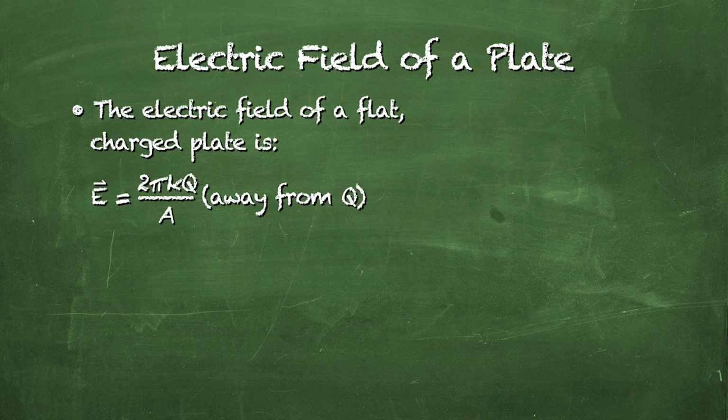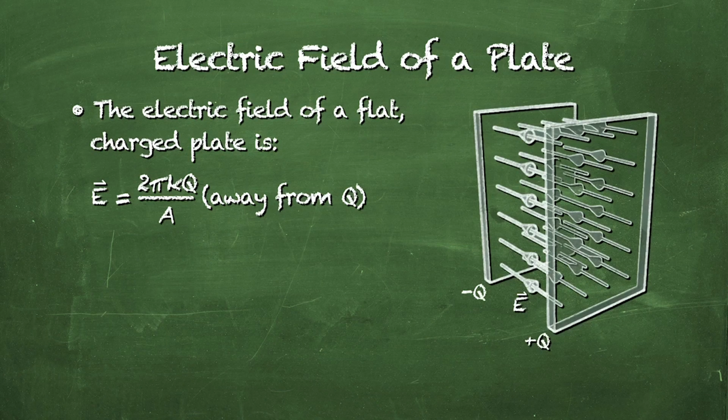Now, often what we encounter are two plates close together that have opposite charge, one with a plus q and one with a minus q, and let's say that they have the same charge. And here's a diagram of that situation. In that case, we have 2 pi kq over A from the positive plate and 2 pi kq over A from the negative plate.